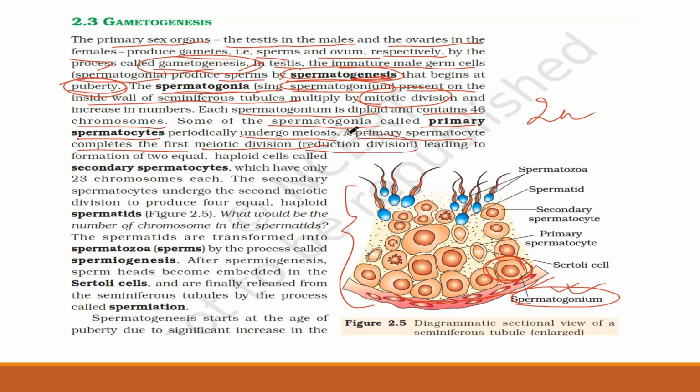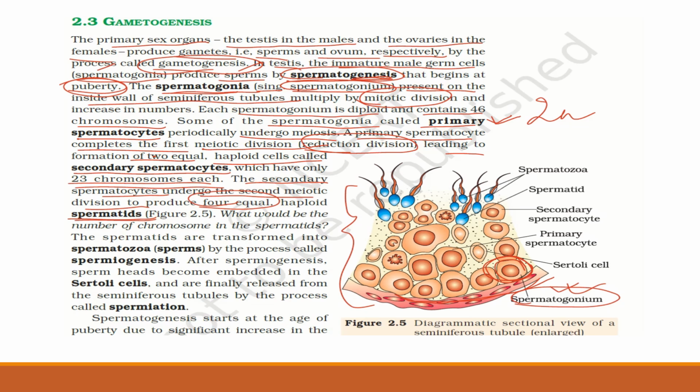The first meiotic division is a reductional division, leading to formation of two equal haploid cells called secondary spermatocytes. So from the primary spermatocyte, undergoing reductional division or meiosis, a haploid number of cells are formed. Two equal haploid cells are formed, which are secondary spermatocytes, which have only 23 chromosomes each. Now these secondary spermatocytes again undergo the second meiotic division to produce 4 equal spermatids.